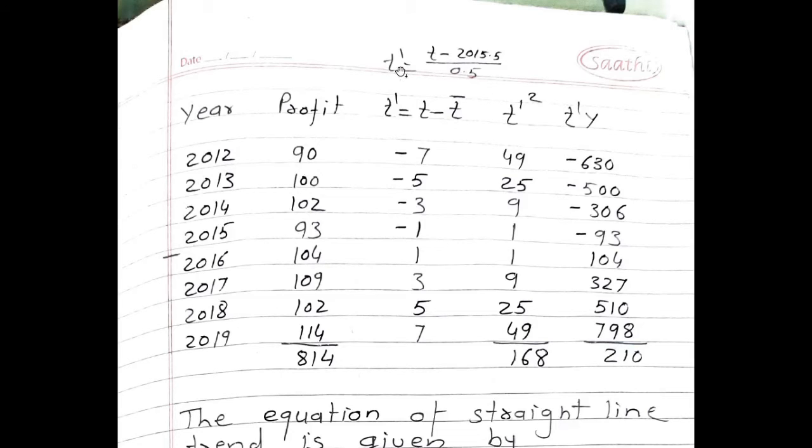So while calculating t dash, we have to consider the mid value of the years, that is nothing but 2015.5, and divide the whole term by 0.5.